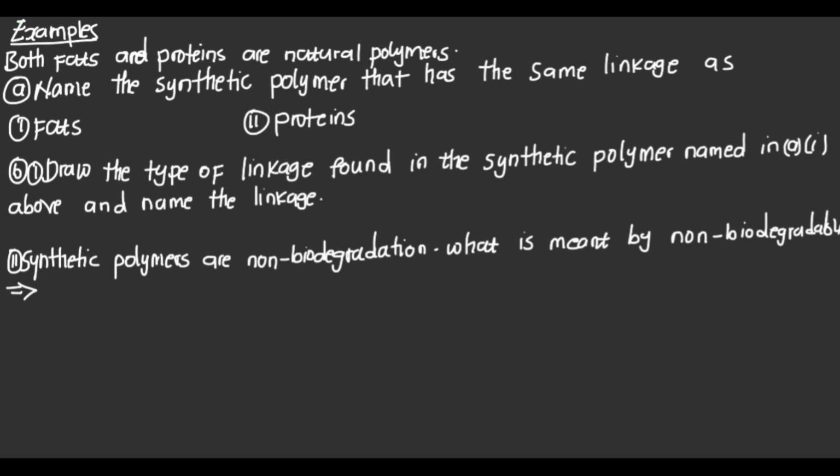The fats are natural, so we want to name the polymer made by human beings with the same linkage as in fats. So this is terylene. Terylene and fats share the same linkage. Then for proteins we have nylon.